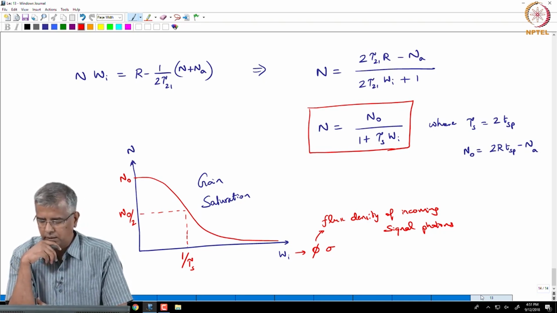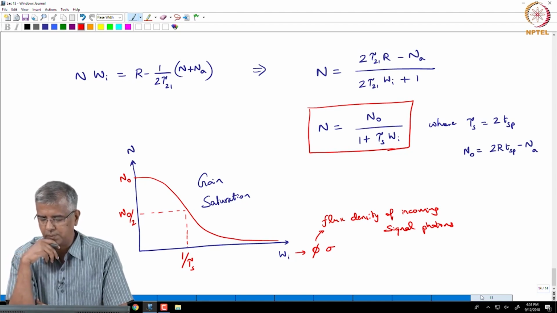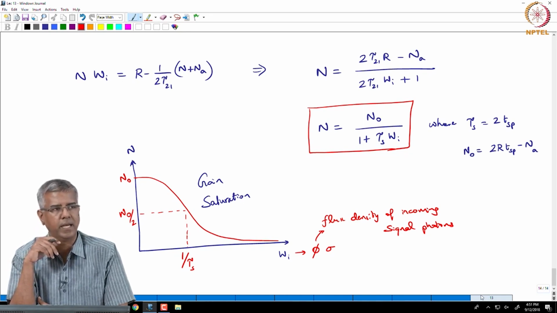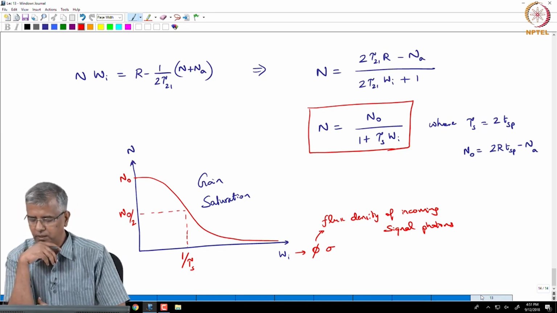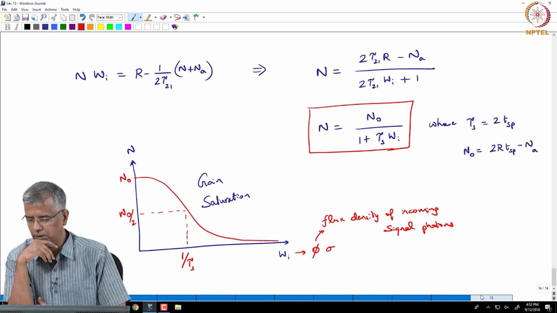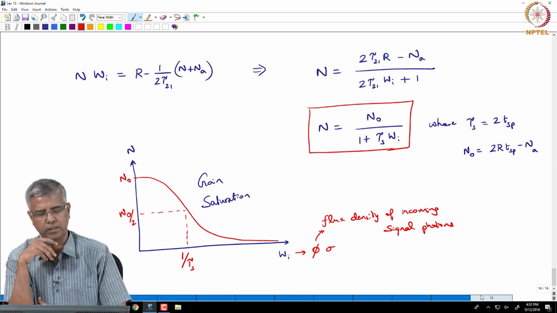And then tau s, we got an expression for that. Tau s corresponds to twice the spontaneous emission lifetime, that is the lifetime of your excited energy level, or the N2 energy level with corresponding number density N2.